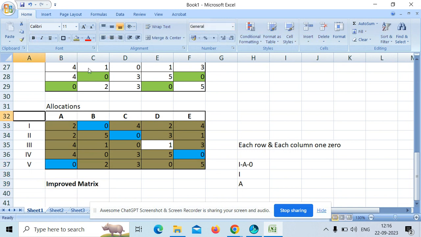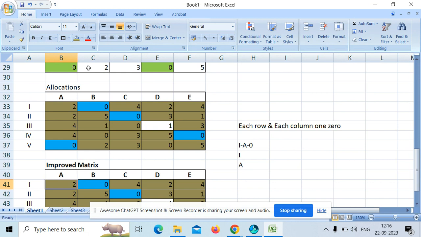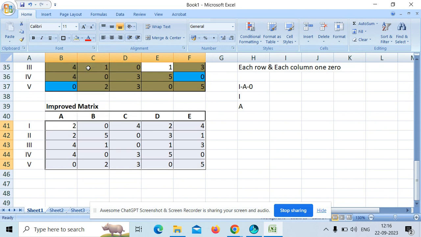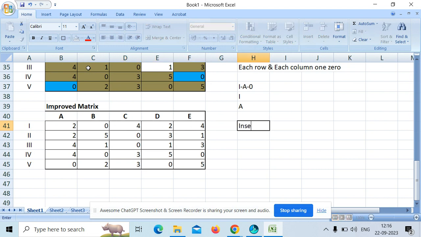For that, I'm supposed to copy this again and take this matrix again. After that, I'm supposed to insert minimum lines and cover all my zeros.